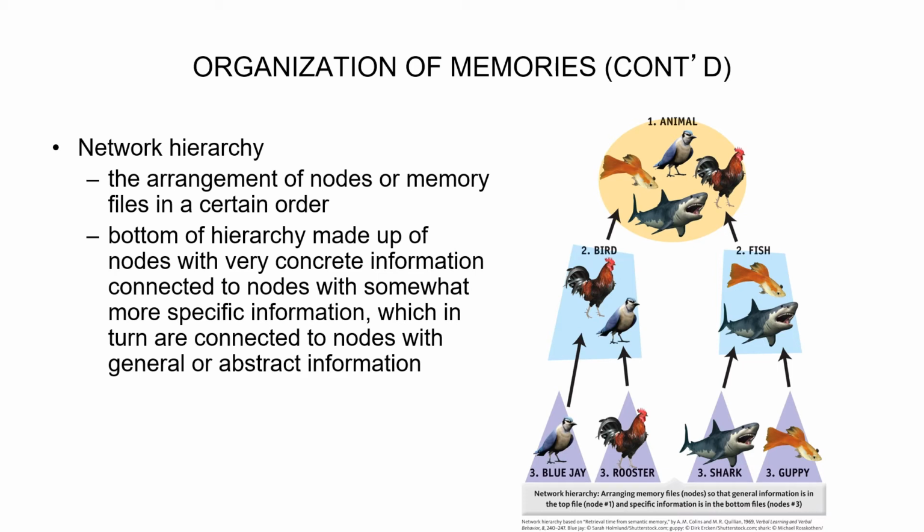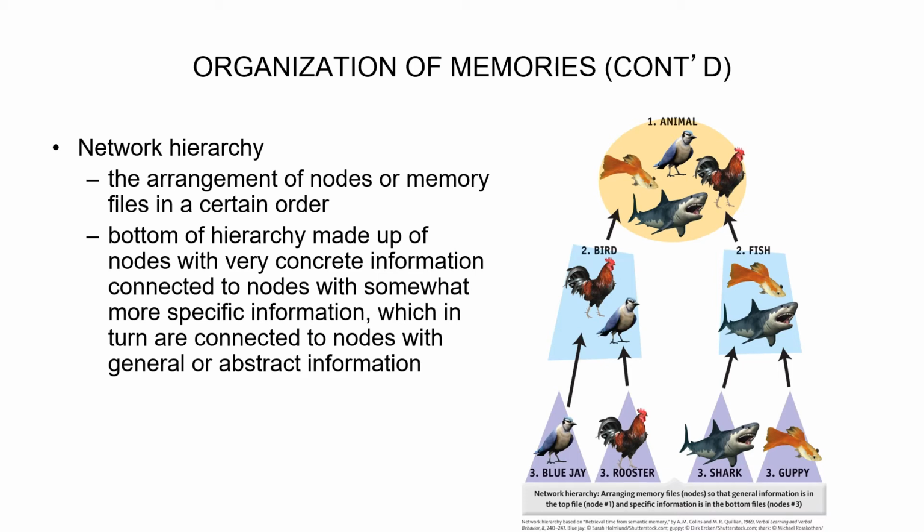If you're talking animal to bird to blue jay, yes, blue jays and roosters, you may have a way to associate them directly, but we tend to have a hierarchy of categories, or arrangement of nodes, in our mind.